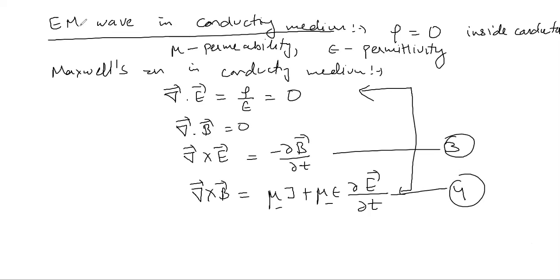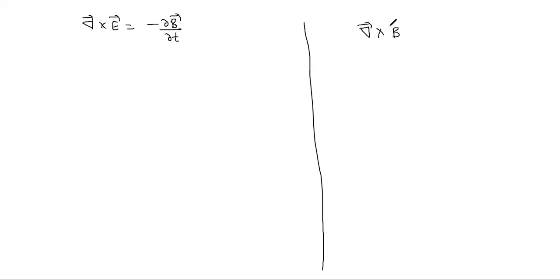You can do any one of them, and similarly the second, but for the sake of completeness we'll do the second also. But if it comes in the exam, you do not need to do both of them. You can simply do one and say that similarly on the second equation. This is your third Maxwell equation. This is your Maxwell equation 4.